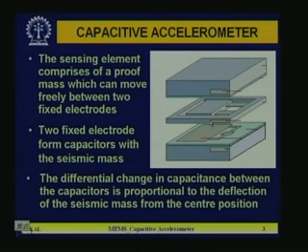We are going to measure the differential change of capacitance of this particular structure. The probe mass will displace according to the acceleration, as a result of which the gap between the two plates will change and the capacitance variation will be detected, which is a measure of the acceleration.